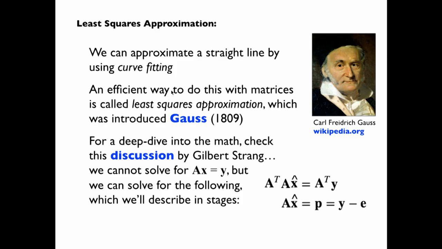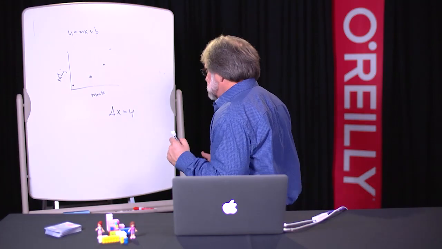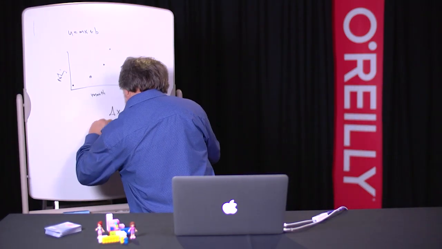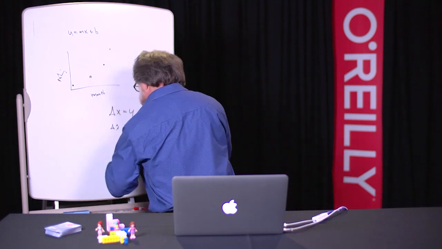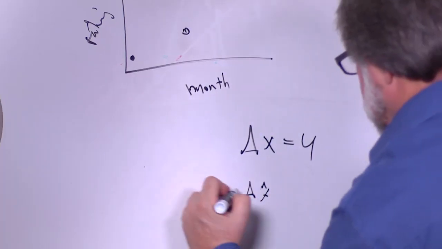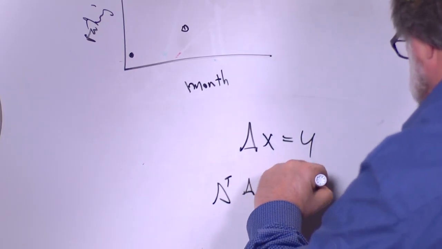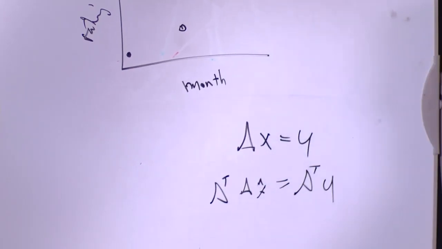And then we've got A transpose times y. So we're taking our Ax equals y, and we're going to work with approximated x's, x hat, and we're going to multiply both sides by A transpose. Okay, that's the big idea that Gauss was doing with least squares approximation.